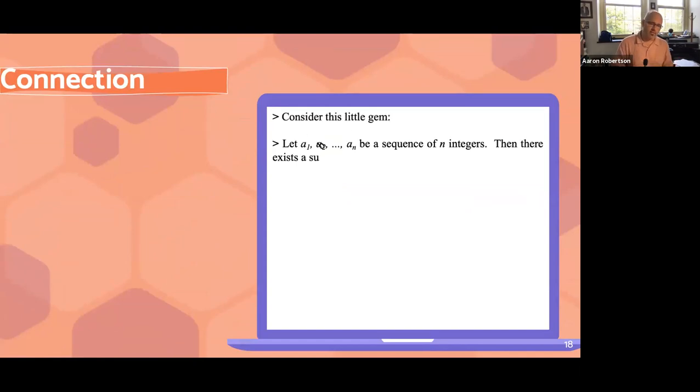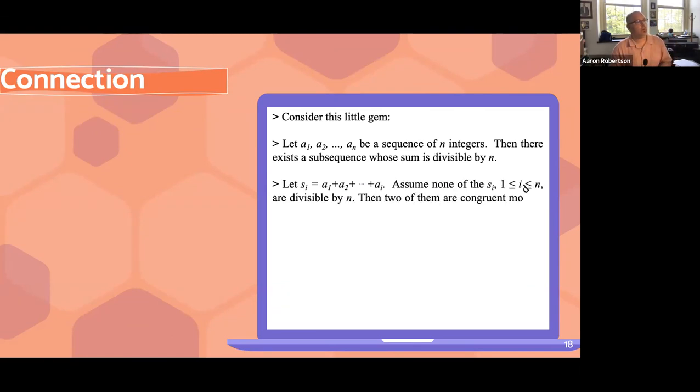I've always liked this one. If I have any integers a1 through an, there's always a subsequence whose sum is divisible by n. What we do is we take the partial sums up to the ith term. So this is similar to what's done in that paper.